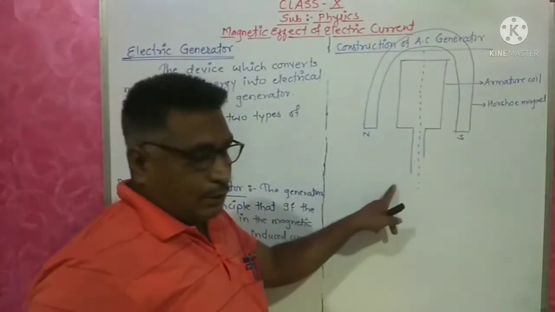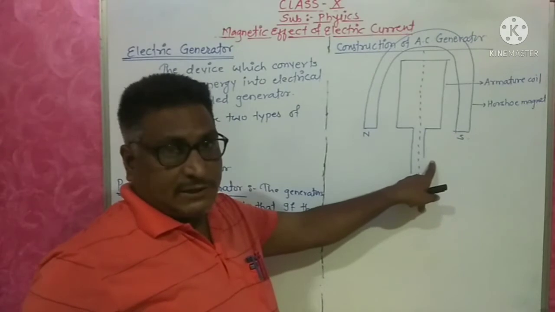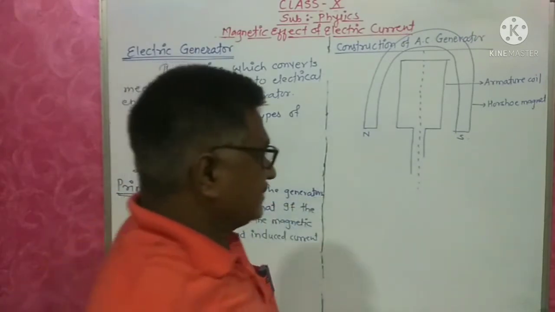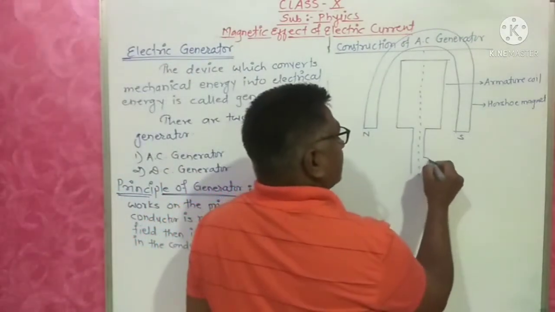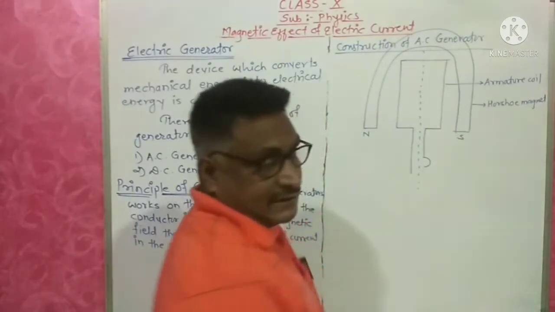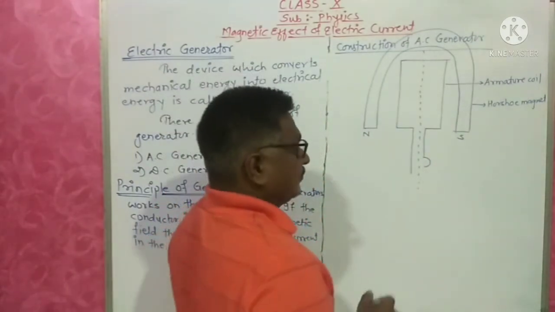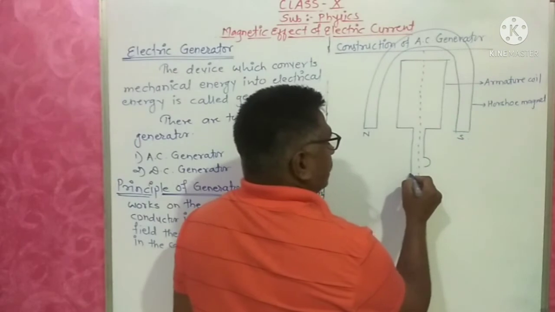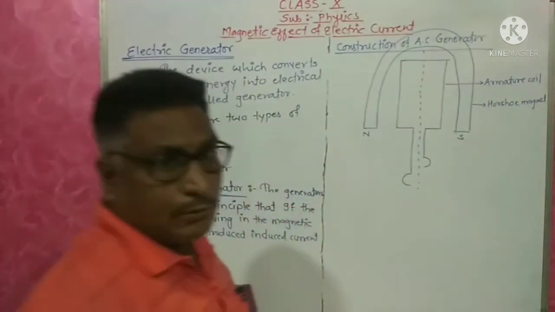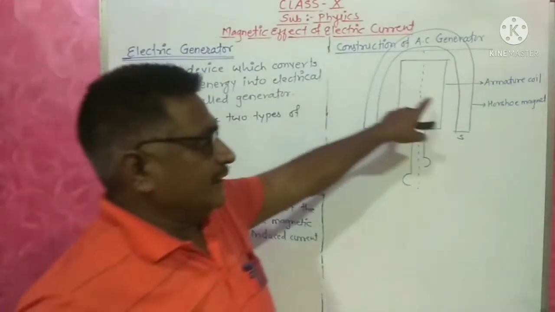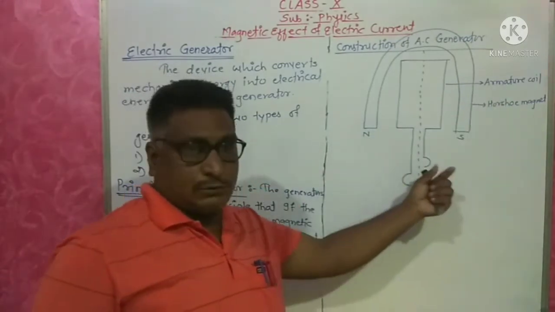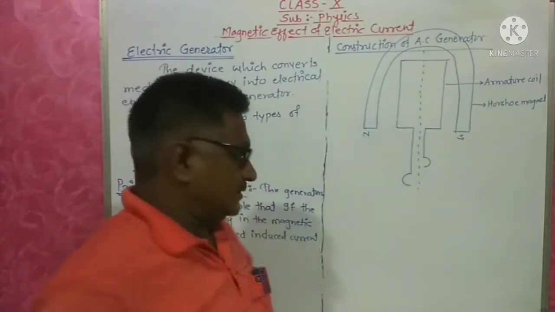One end of the armature coil is connected to one of the two halves of the slip rings, and the other is connected to the other half.